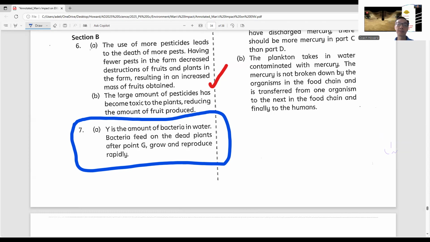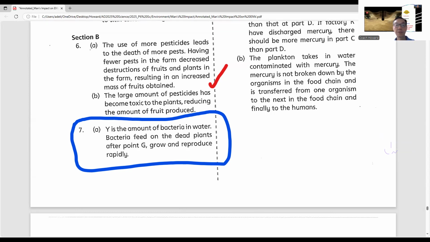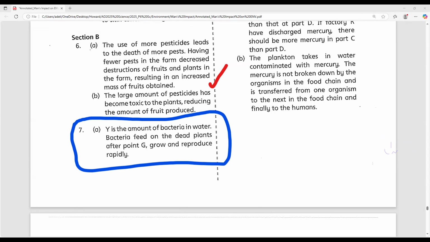You write down this part. Y is the amount of bacteria. So I capture the screenshot once more, from here. Capture, send.